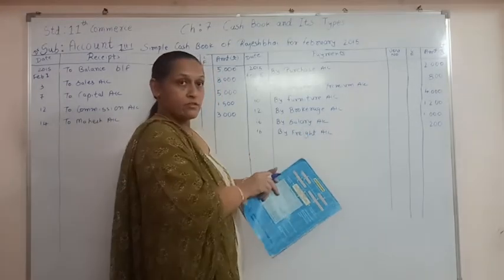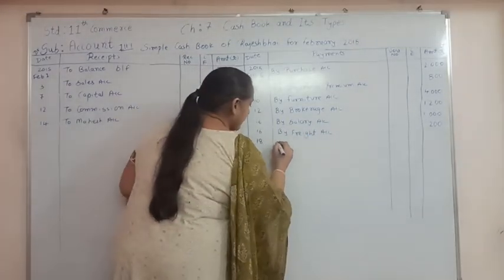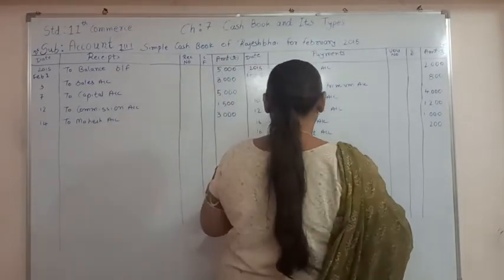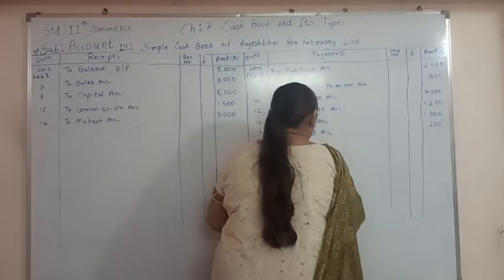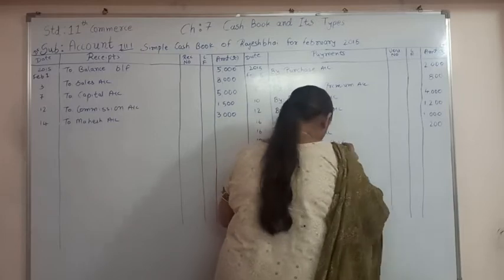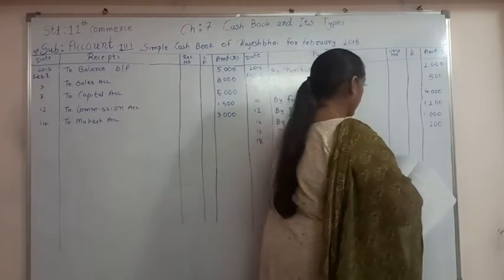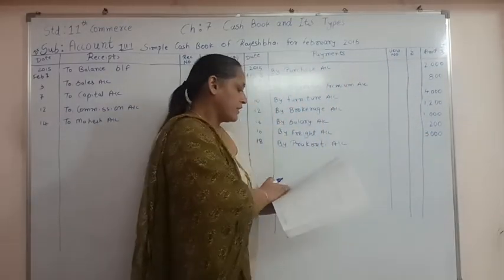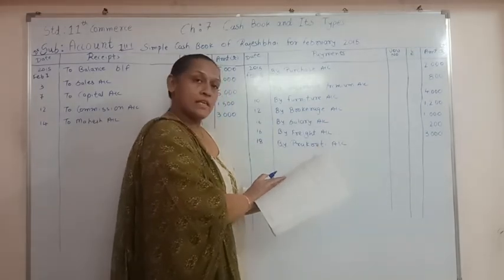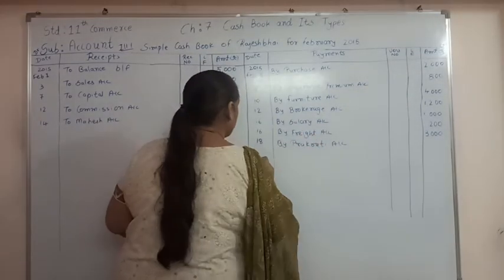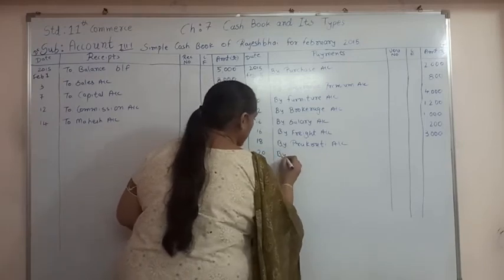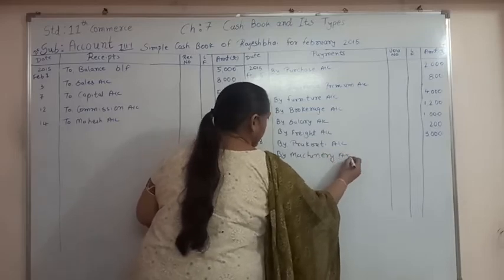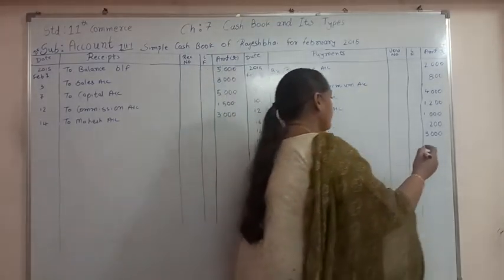For that, on 18, by Prakruti account, and we have paid him 3,000 rupees. After that, on 20, machinery purchased for business, rupees 2,000. So on date 20, by machinery account, and the amount of machinery is 2,000.